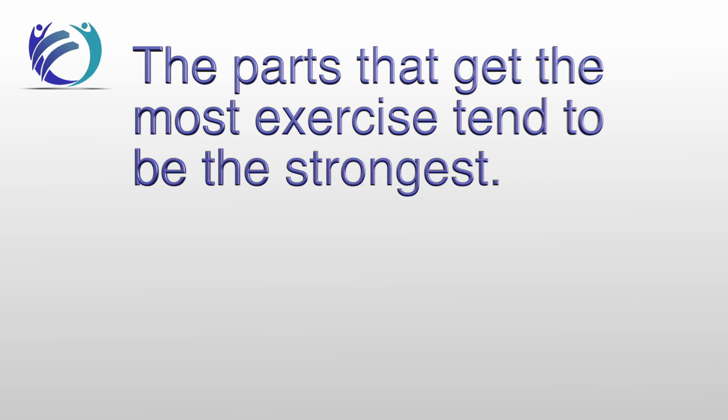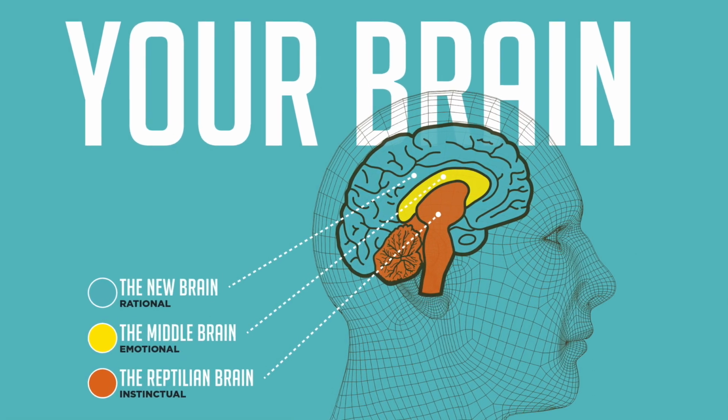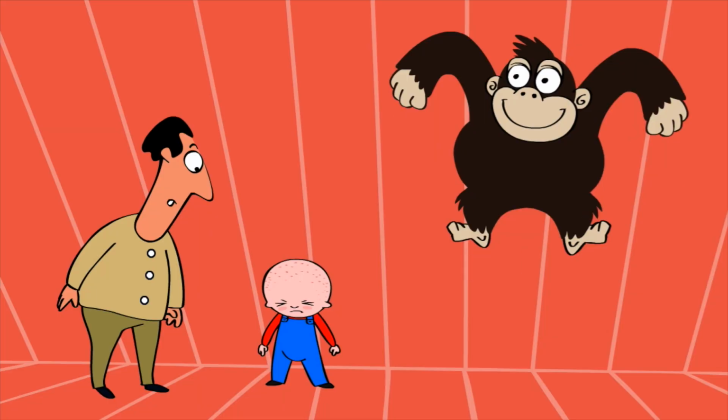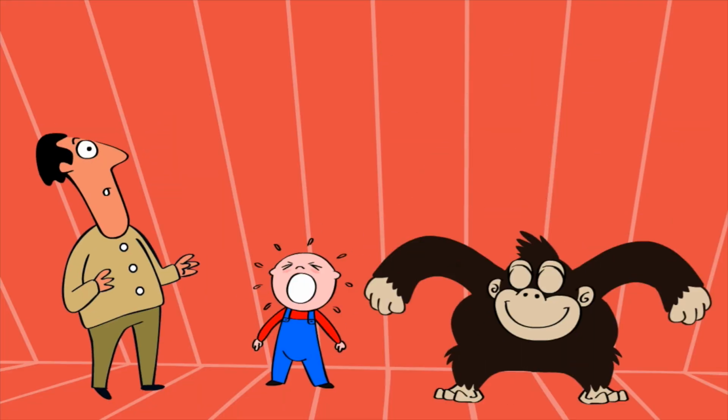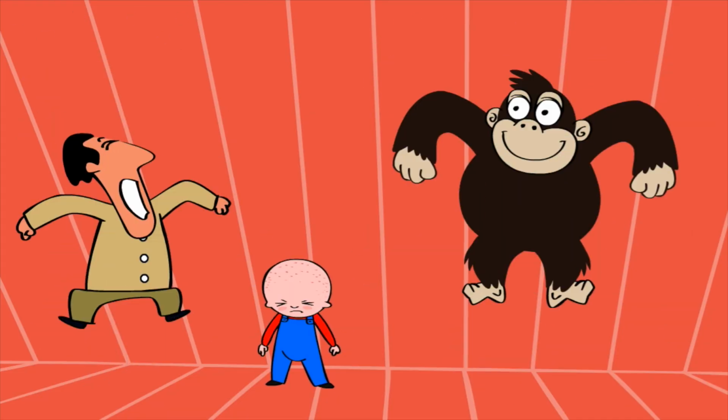The interesting thing about the brain is, just like muscles, the parts that get the most exercise tend to be the strongest. But the really cool thing about the human brain is that those outer layers of the brain that give us our adult conscious awareness and our intelligent abilities also give us the ability to observe the inner workings of the brain without necessarily having to react to them.